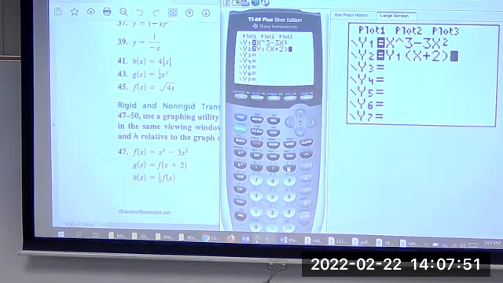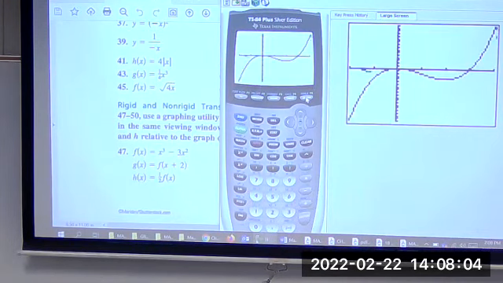So it'll graph x plus 2 to the third minus 3 times x plus 2 squared. Now when I graph them side by side, it's supposed to be shifted 2 to the left, because it's plus 2. So there's the picture that's 2 to the left.